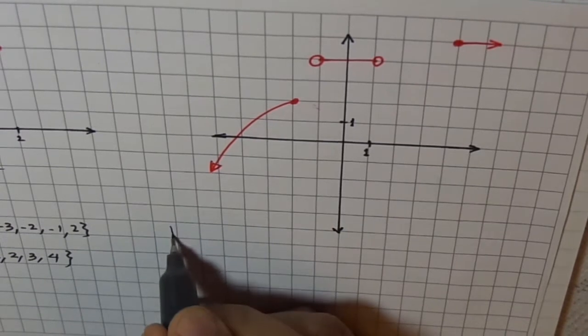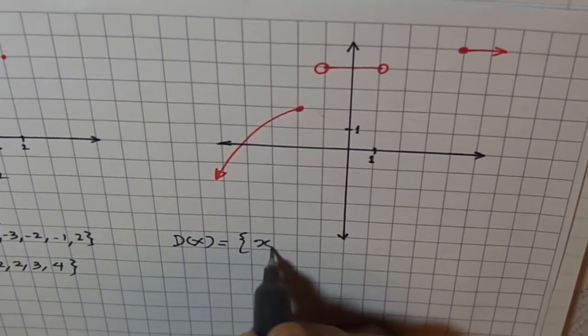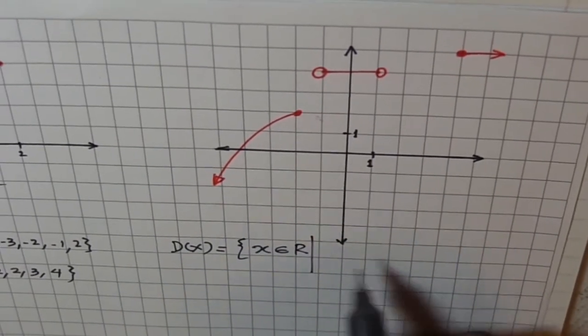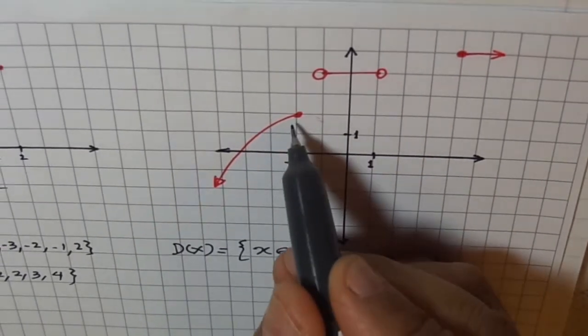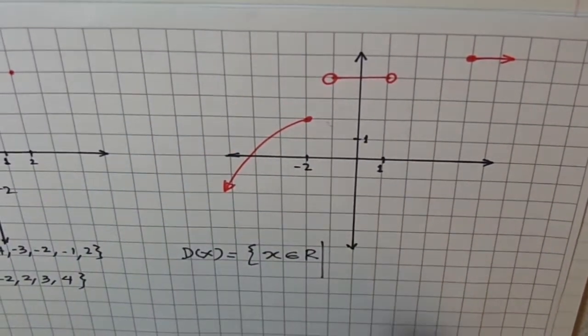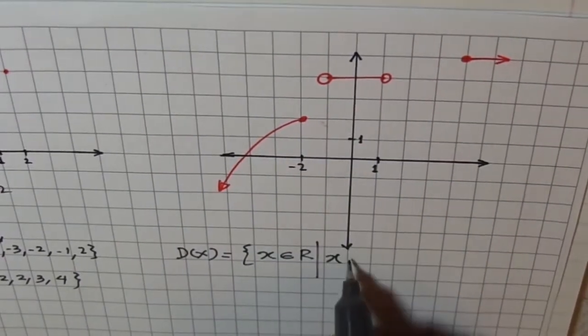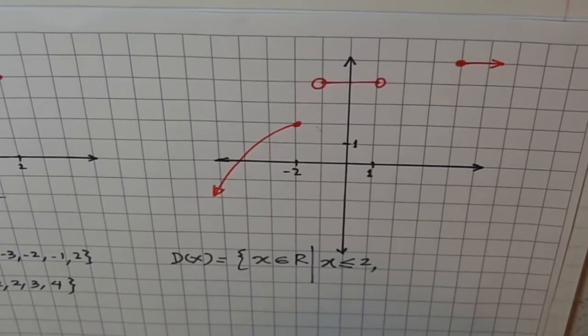So we'll say domain here is equal to x belongs to real numbers, so that, look here, this is minus 2, is it okay? Anything less than minus 2. So we say and minus 2 is included. So x is less than or equal to minus 2, comma.